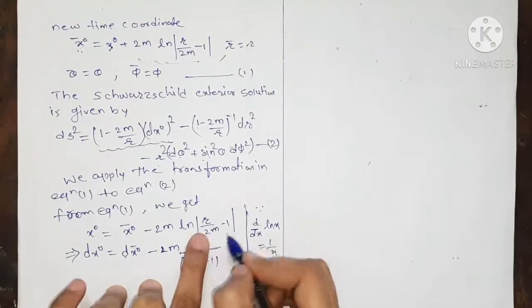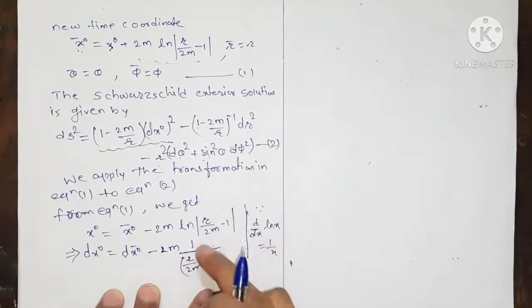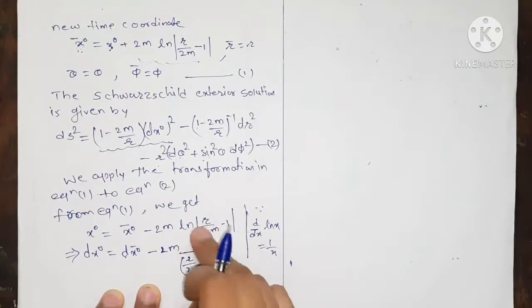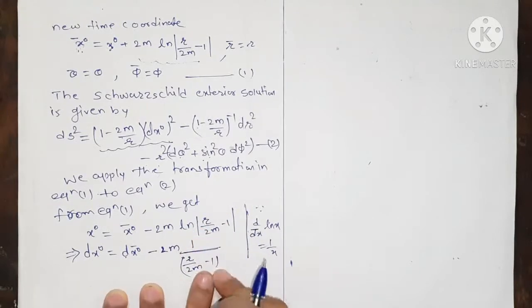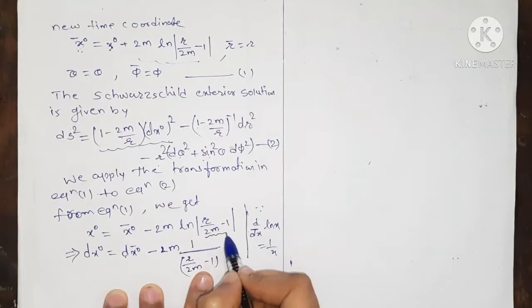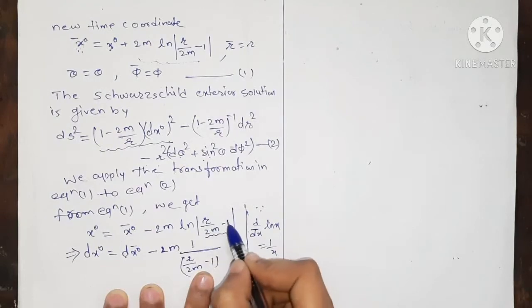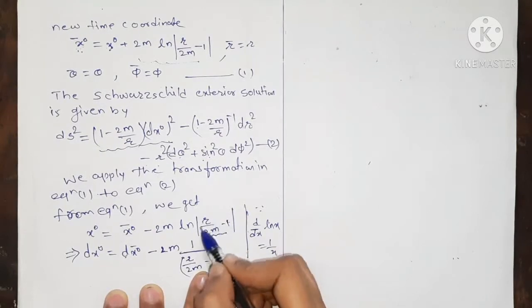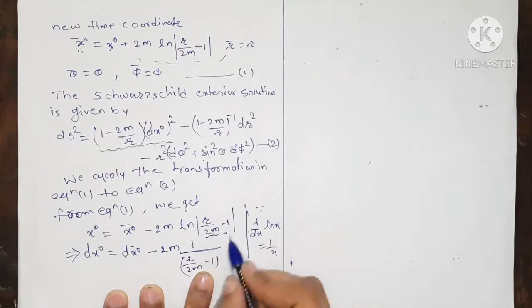Okay, so again differentiating this term, because we are taking the log as a function, so 1 upon r upon twice m minus 1, and again differentiating this term. So 1 is constant, so its derivative is 0, and the derivative of r upon twice m is 1 upon twice m.